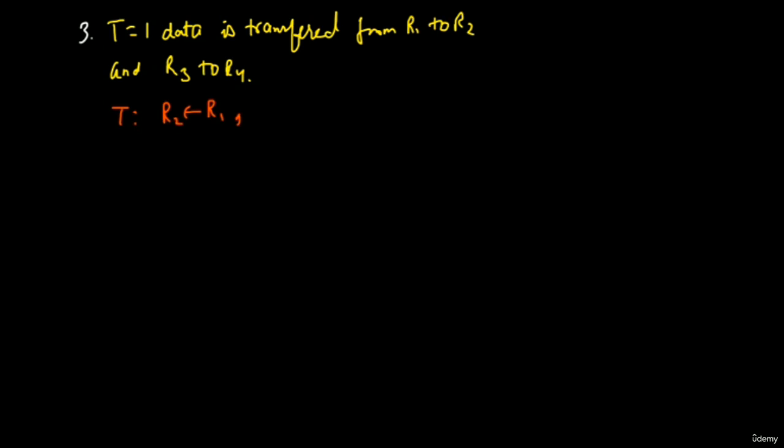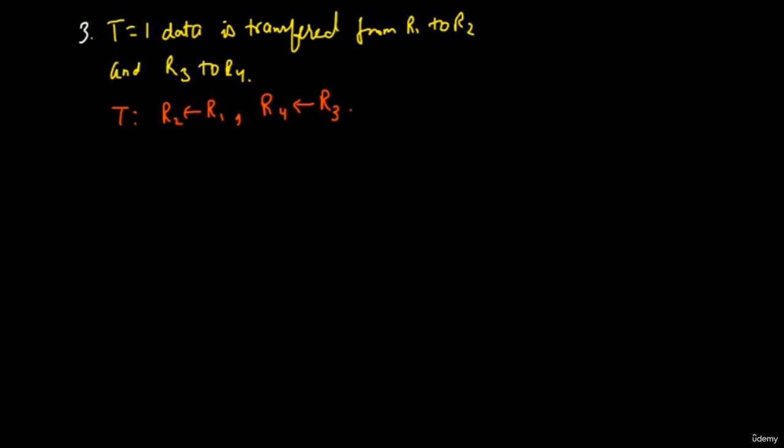You understood that, okay? So R4 is receiving data from R3, register third. So this is what happens at t equals 1.